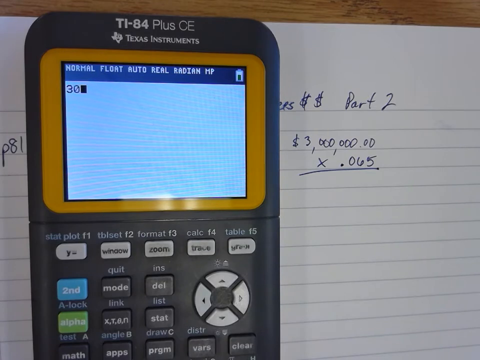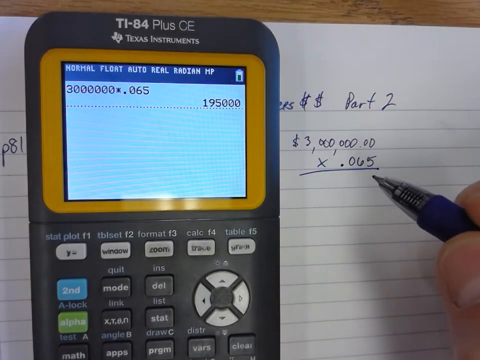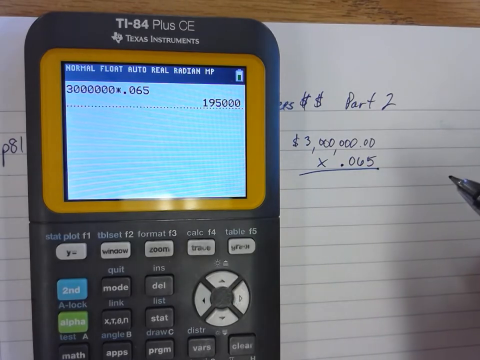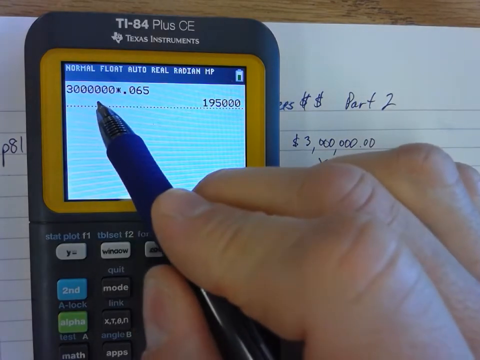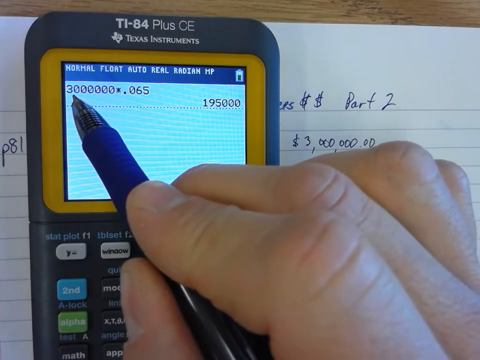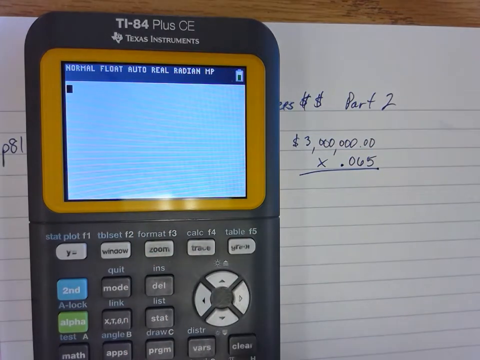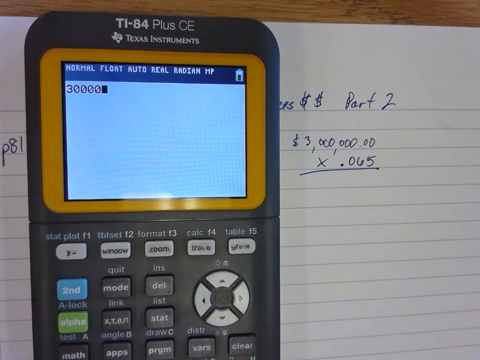3 million times she only gets to keep 0.065 of it, which, oh, did I put that in right? I think I might have put that in wrong. 3 with 6 zeros, 1, 2, 3, 4, 5, 6, times 0.065.